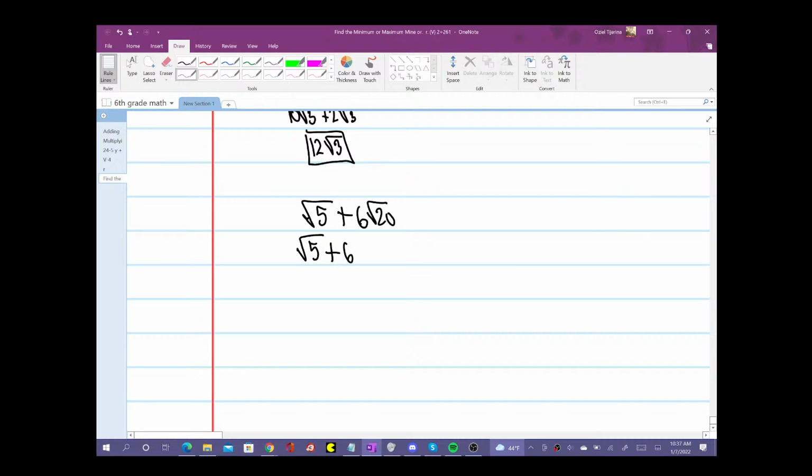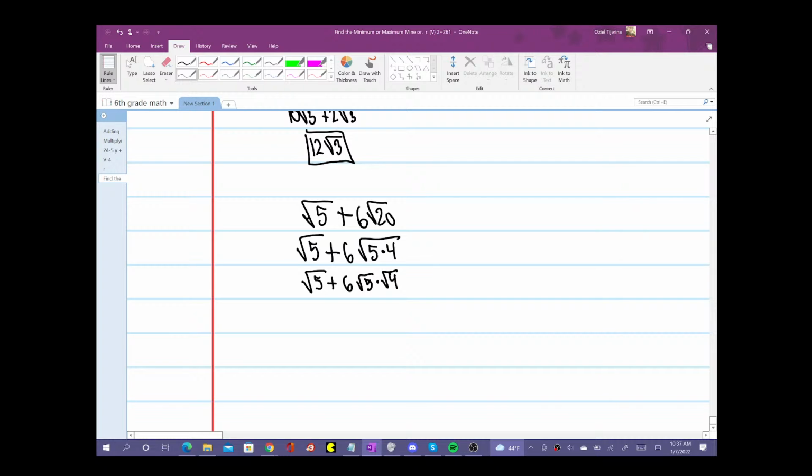Plus 6 times the square root of 5 times 4, which becomes the square root of 5 plus 6 times the square root of 5 times the square root of 4. You always want to make sure that you can divide whatever's inside the radical, the radicand, by something you can take the square root of.